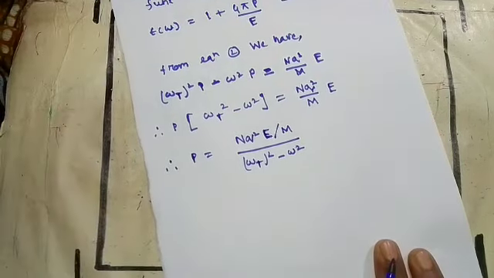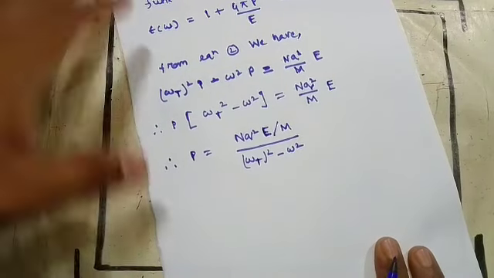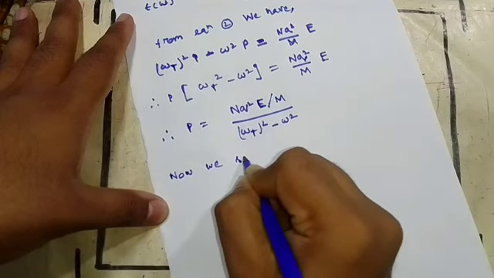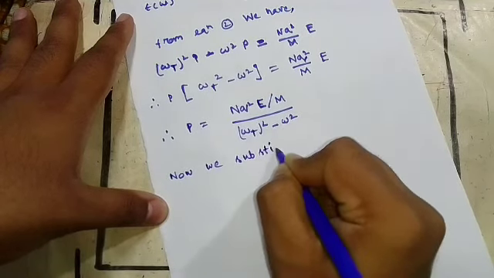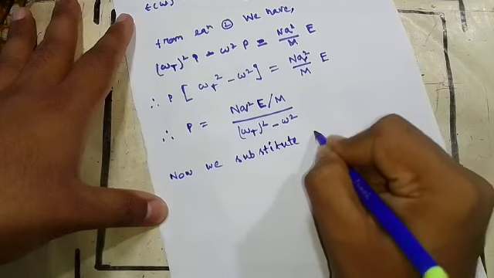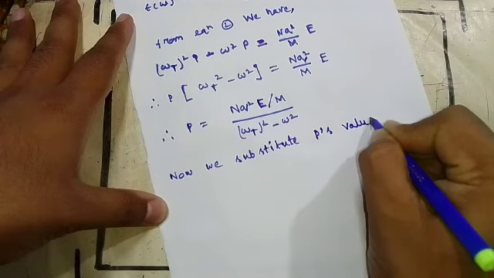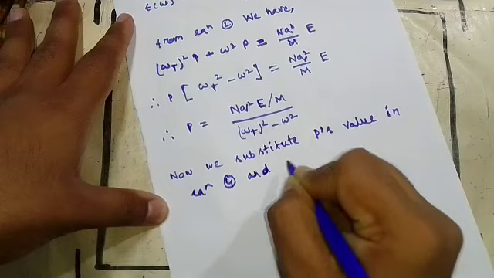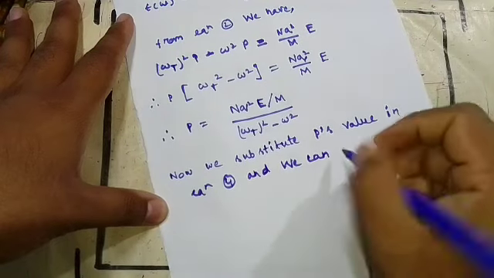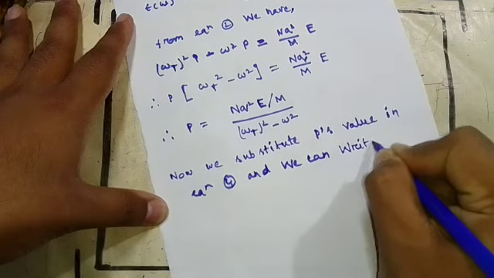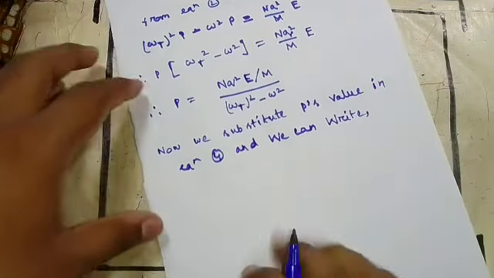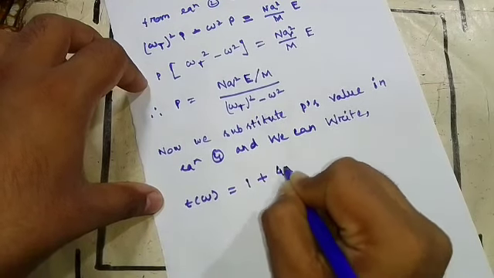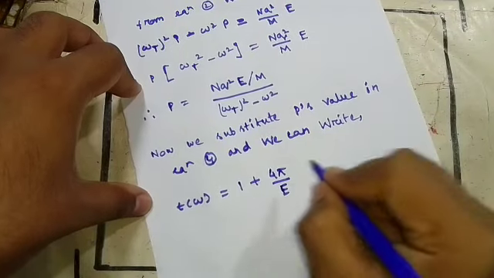Okay, so I just substitute p's value in equation 4, and we can write epsilon omega is equal to 1 plus 4 pi e into p.